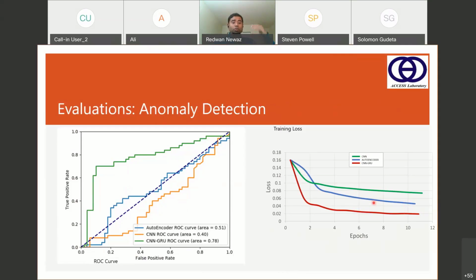And when you're adding more information like depth information, CAN information, and image information, your network actually learns better than expected. Then in the ROC curve, we have seen that the autoencoder has reasonable performance, but CNN is the worst one. And the best performance that we have got so far is from the CNN GRU architecture. It has an overall 80% ROC curve.